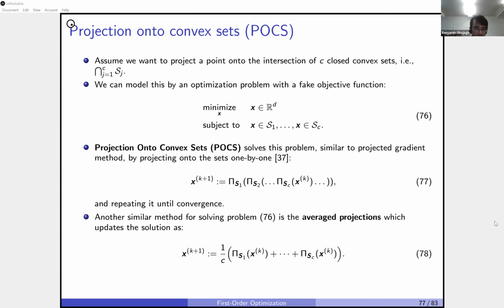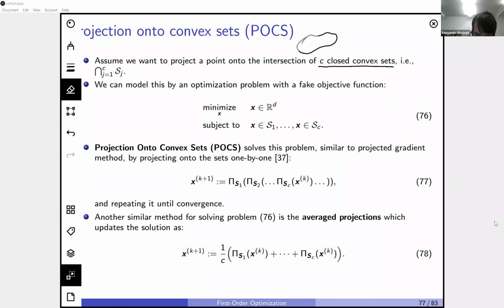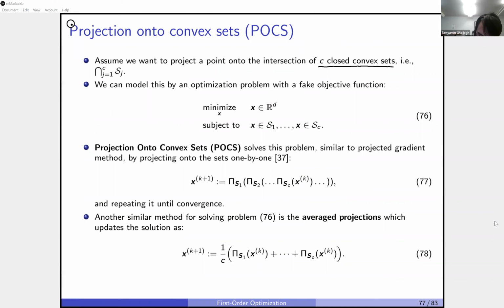No? Okay, great. So we can also have projection onto convex sets. Assume we want to project a point onto the intersection of C closed convex sets. Assume we have some sets and they should be convex.